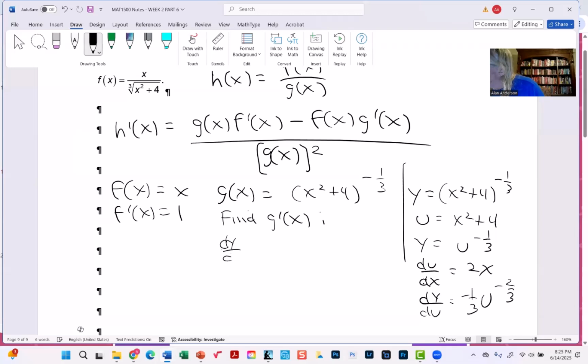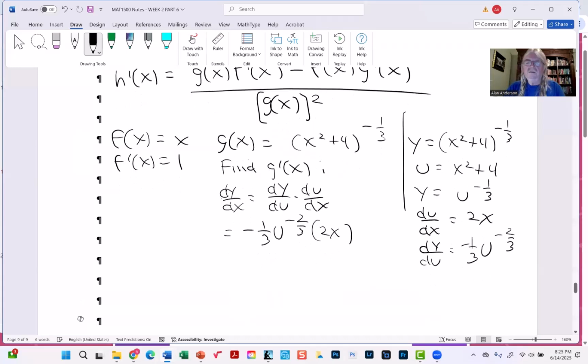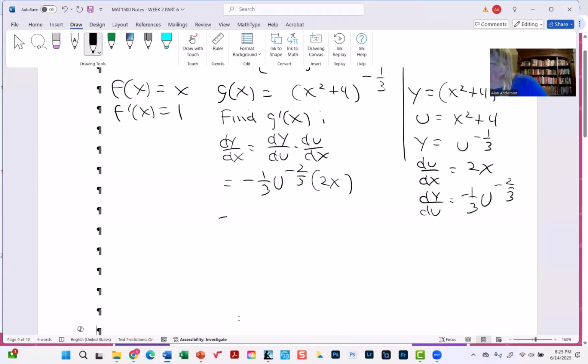remember, dy/dx equals dy/du times du/dx. You're going to have minus 1/3 u to the minus 2/3 times 2x. And then you can consolidate these two, minus 2x over 3.